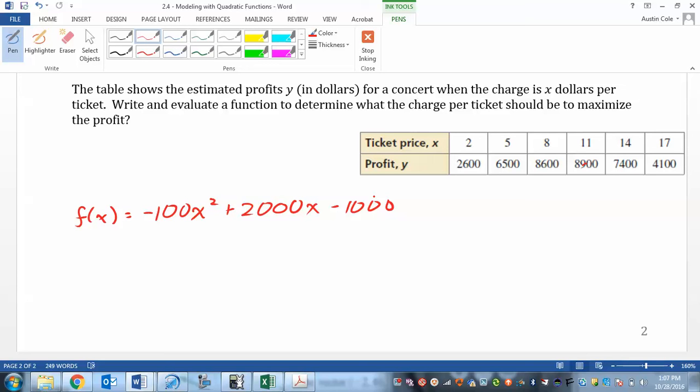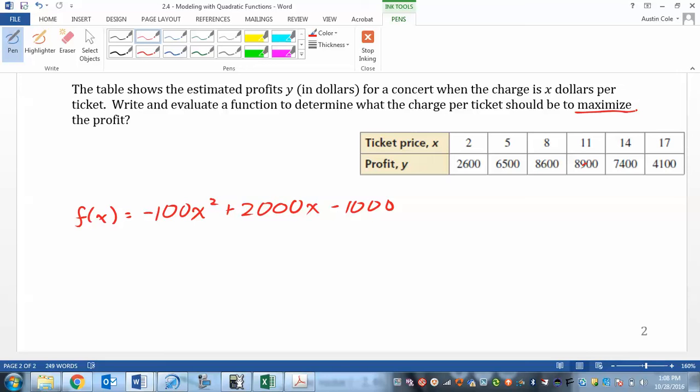Maybe it's $10. We don't know. So if we're trying to maximize our profit, what do you think we should do? Find our maximum. Let's find our maximum.